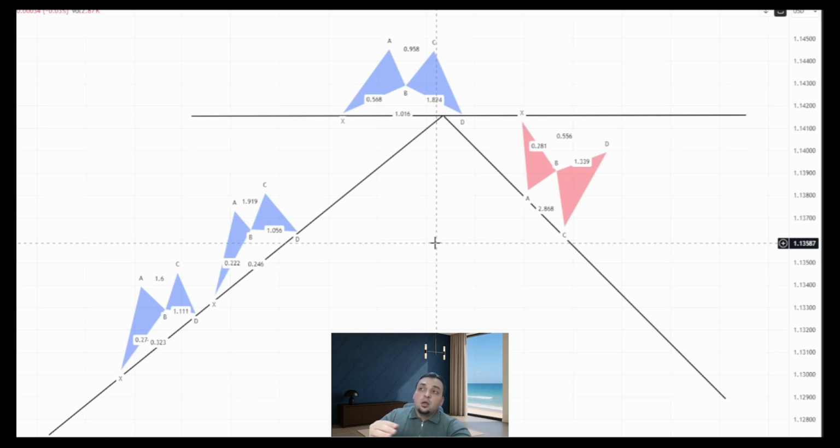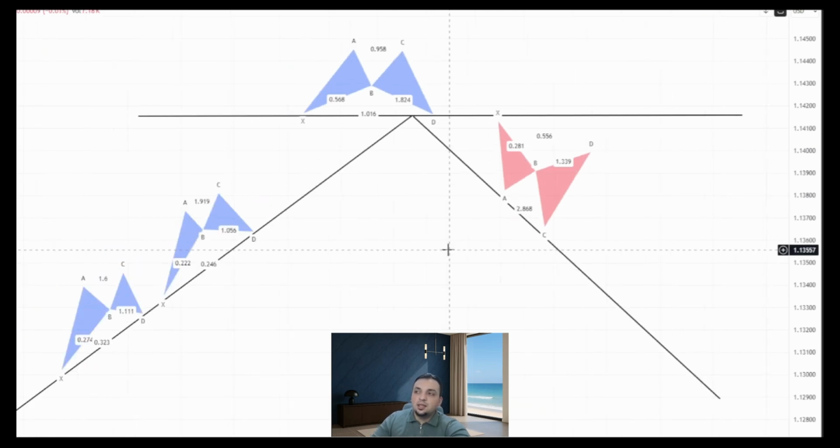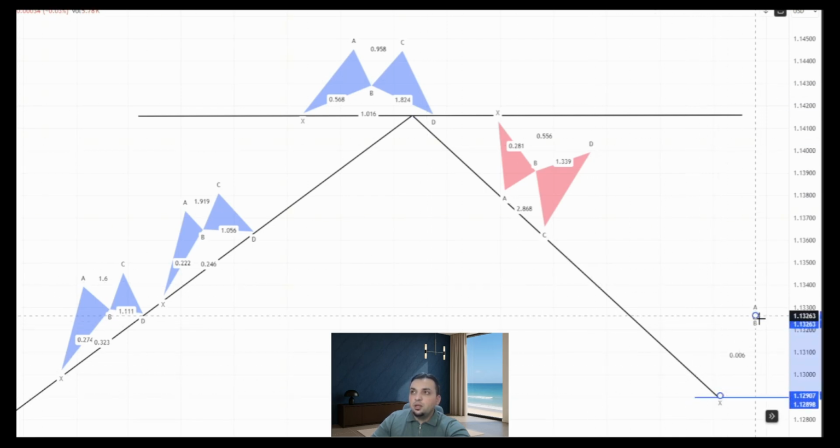So we're only going to buy the harmonic pattern if it's an uptrend or if the market is at a minimum. So we drew the maximum. Let me just also draw the minimum. This is the minimum.